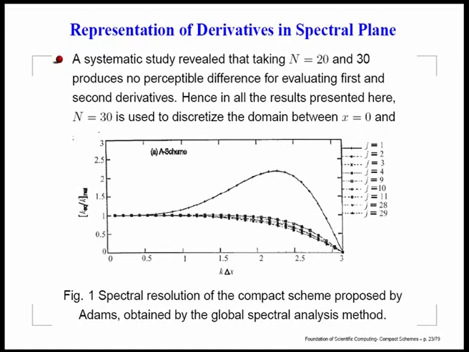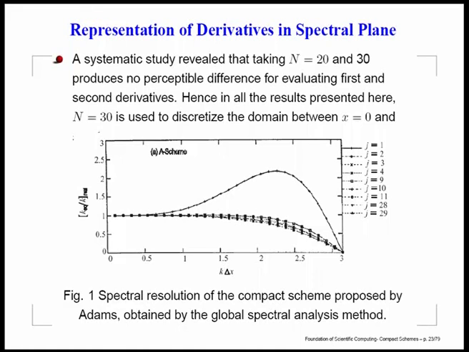Here it has gone up to less than 2.5, and we will talk about the role of j equal to 1 and j equal to n somewhat later, but let us first look at this result. They do not look too bad. In the interior you have a 6th order scheme, and that is why k equivalent by k remains flat all the way up to 1.5, the value is 1. It shows you that out of the full Nyquist limit you are able to get almost half the range.